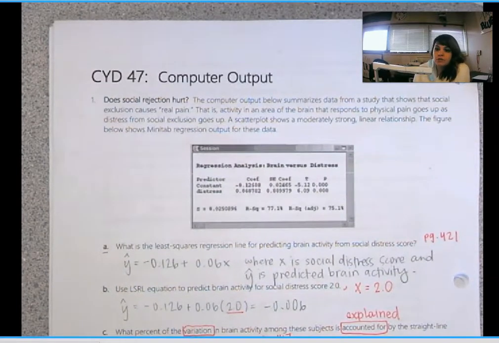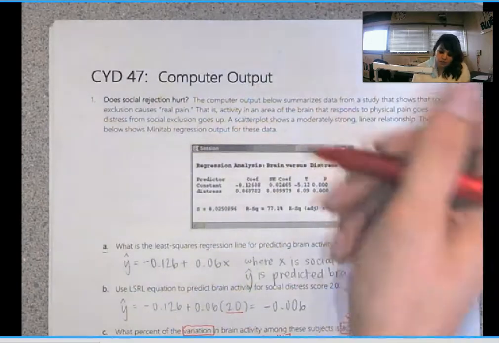This Can You Do includes a lot of review because for computer output, we didn't really learn any new concepts or ideas. We learned where to find the information that we can use from the computer output. So we focused on 4 numbers and the part of the output that tells us what the x variable is.